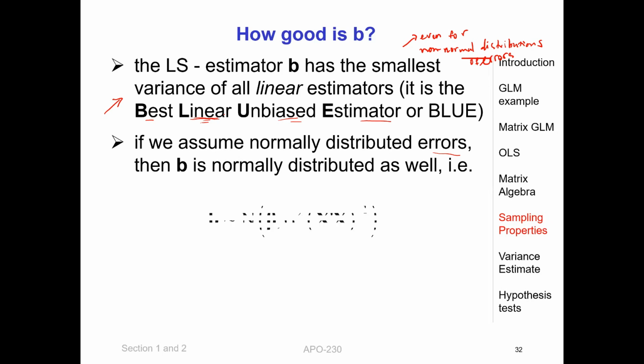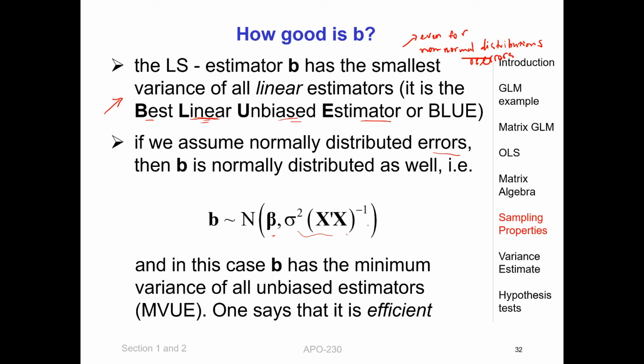Okay, what does that mean? Meaning we could put it in the notation of the normal distribution like this: mean expected value beta, as we have seen, and the variance covariance matrix sigma square times X prime X inverse, right? And in this case, with normality assumed, we could even say that B has the minimum variance of all unbiased estimators, MVUE.